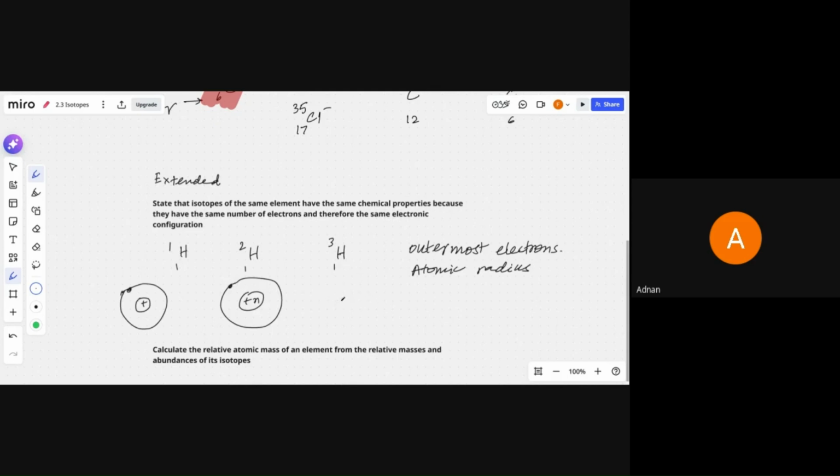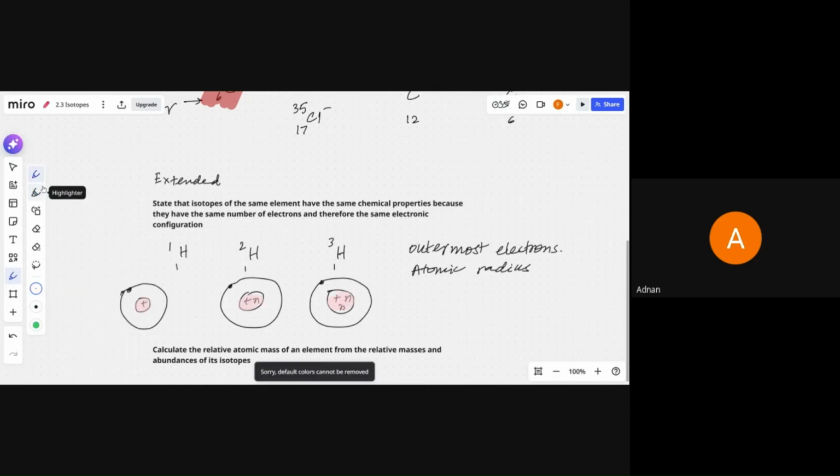And for this one, called hydrogen 3, we have one proton and two neutrons, and one electron revolving around the nucleus. You can see that the atomic radius is the same, and the number of electrons in the outer shells is the same. So that is why they will have the same chemical properties. What is different among these is the nucleus.